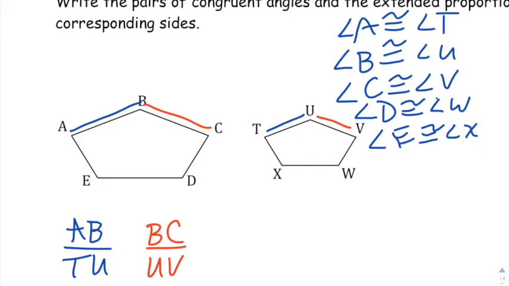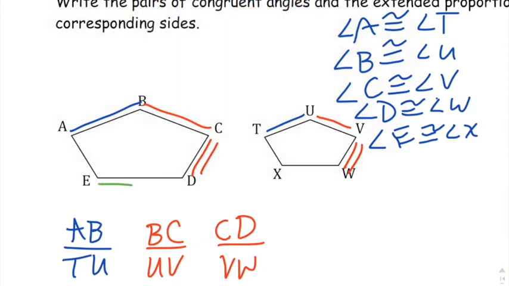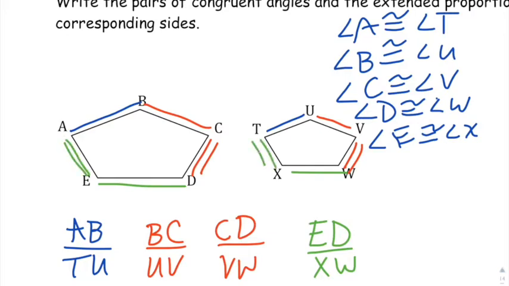And we have CD for this next one. It's proportional to VW. And you can keep going all the way around. You can use different colors if you want, so I don't have to have 10,000 lines. We have ED, that is proportional to XW. And then last but not least, AE and then TX.